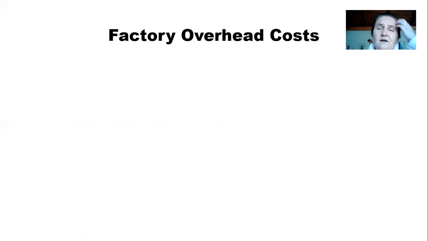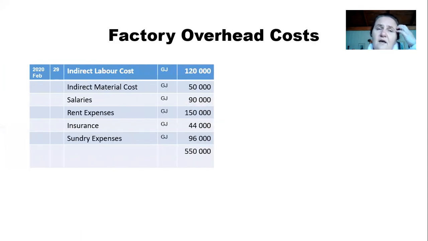Factory and overhead costs. Factory and overhead costs will mean any other cost in the manufacturing process that's not directly involved. So my indirect laborers, the cleaners, the security guards, etc. Then I've got indirect materials. So that would normally be consumable stores like cleaning material, coffee, tea, etc., that the factory workers use.